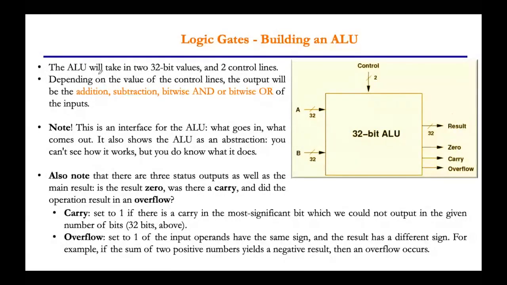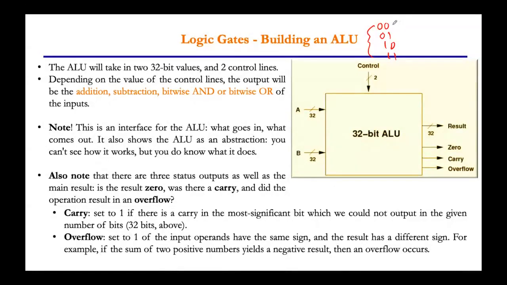Here this ALU takes two 32-bit values A and B, and two control lines, two bits for the control line. 2 bits can represent 0 0, 0 1, 1 0, 1 1. So a control line having 2 bits covers at most 4 operations.